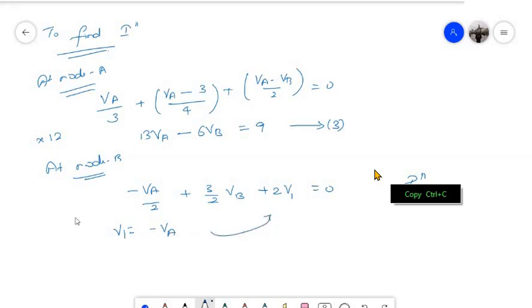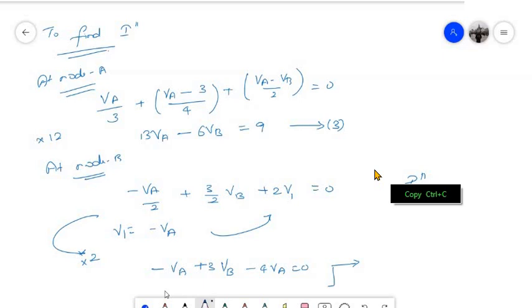You can substitute this here, and then maybe you can multiply this equation by 2. You will get something like VA plus 3 times VB minus 4 times VA is equal to 0. You can simplify this further.